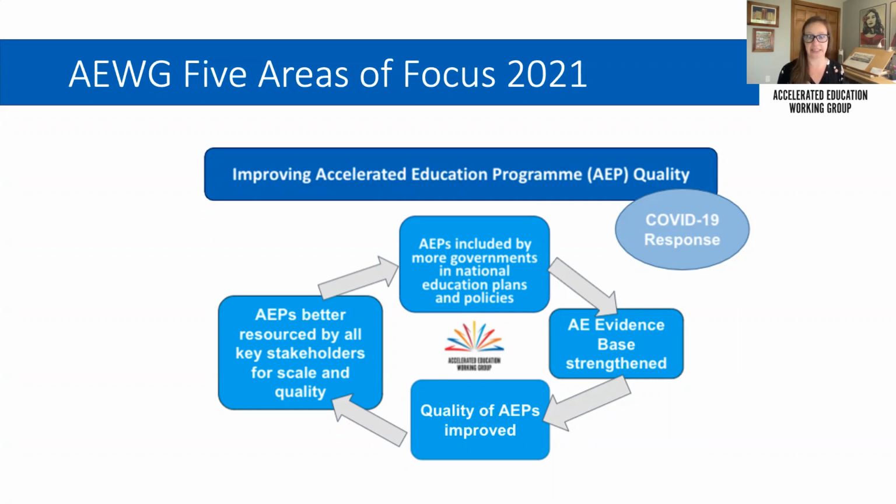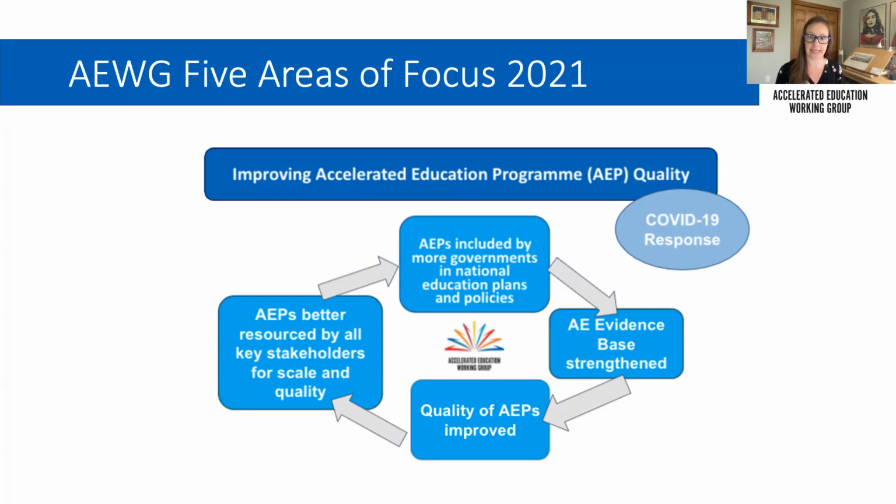And particularly in 2021, we're focusing a lot more on disseminating and supporting the uptake and use of the tools and guidance in order to reach a wider scale and greater uptake. So that's our focus around improving quality this year.